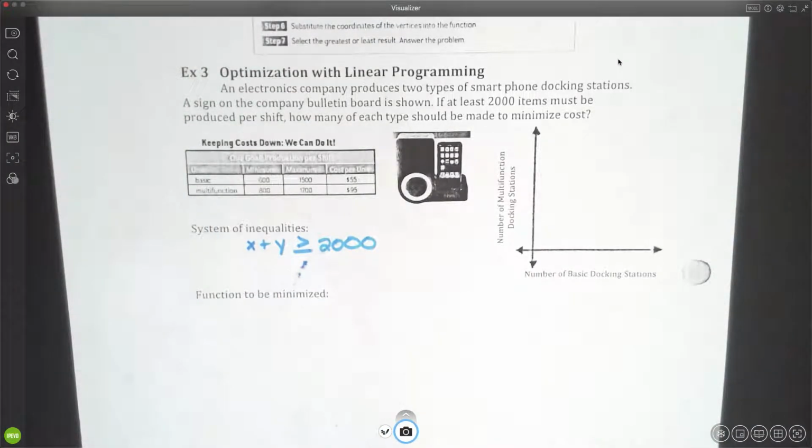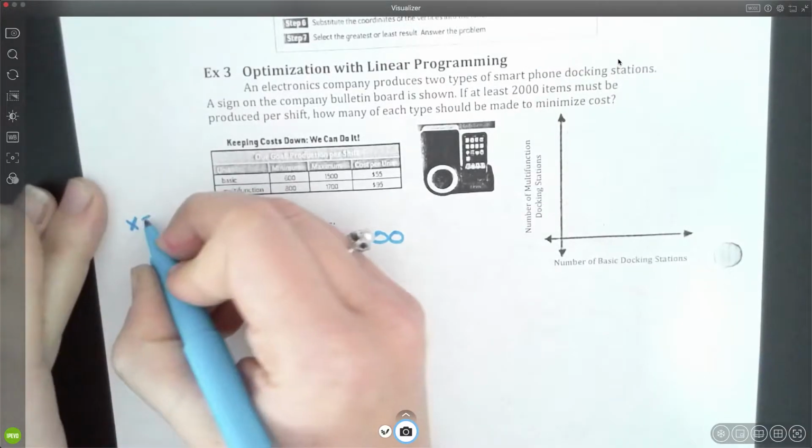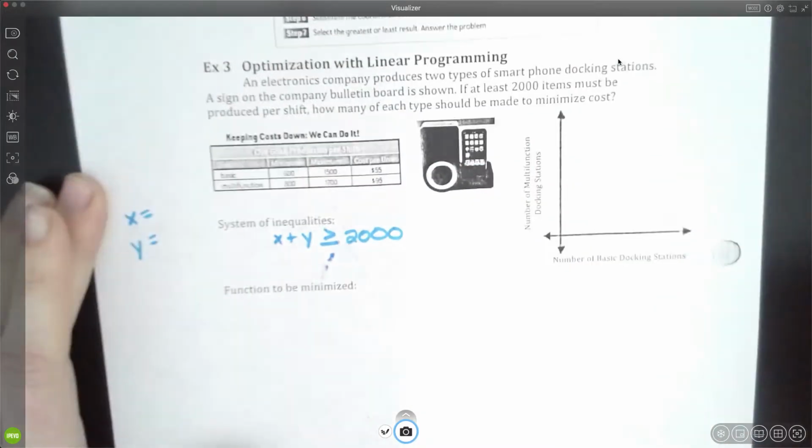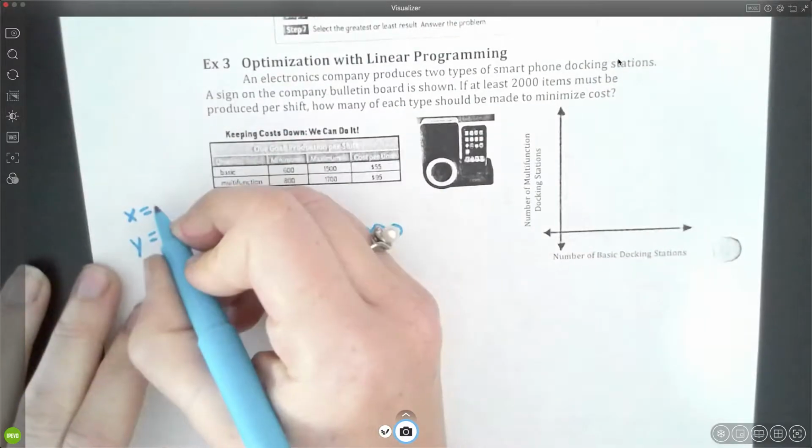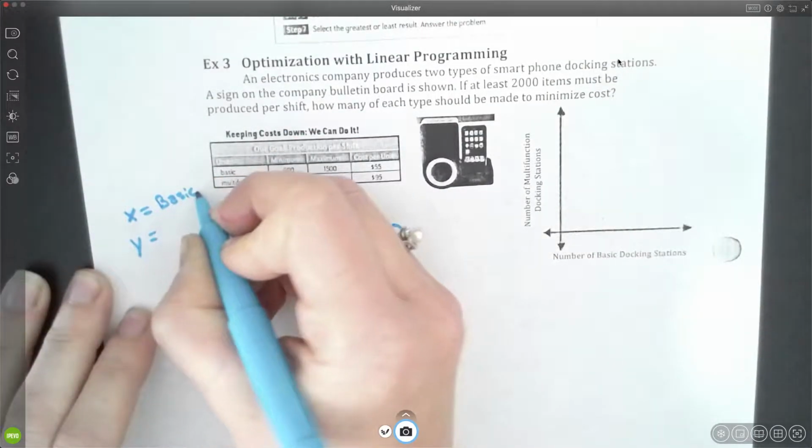Now let's determine which one is x and which one is y. Let's write that off to the side. What does x stand for and what does y stand for? Look at the graph. Basic and multifunction. So x is basic and y is multi.